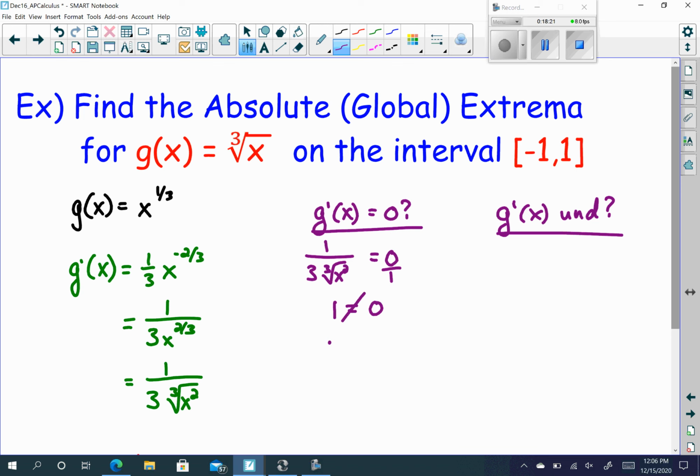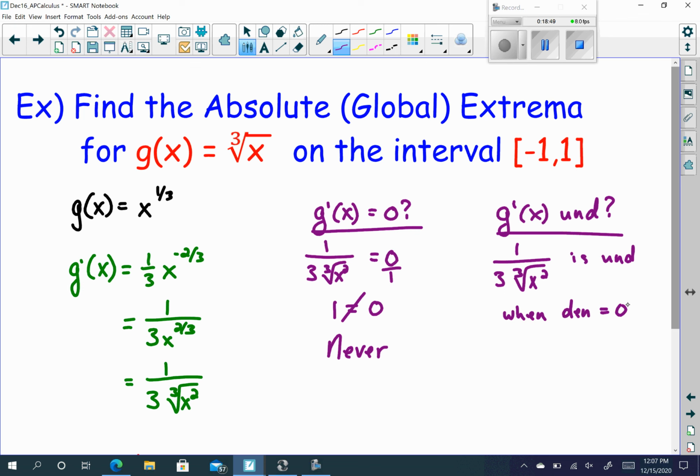So this is never. Or if you ever want to look, if we have a fraction, the only way a fraction can ever equal 0 is if the numerator is going to equal 0. The numerator is 1. There's no variable there, so it can never equal 0. But now over here, if we try to figure out what would make this denominator equal to 0, so this is undefined when the denominator is equal to 0.